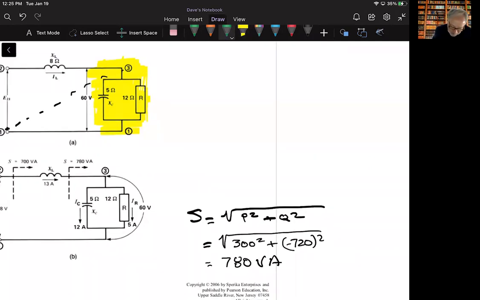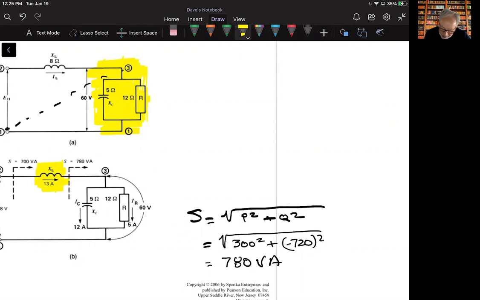I cleaned that up a little bit because I want us to be able to look at both of these. Here's the thing. This branch of the circuit is supplying that apparent power that we just determined.